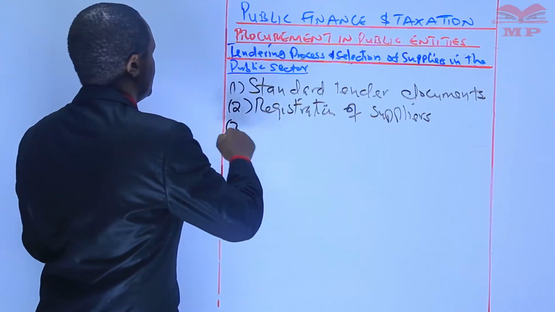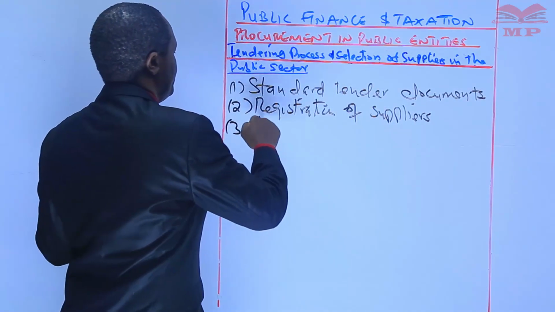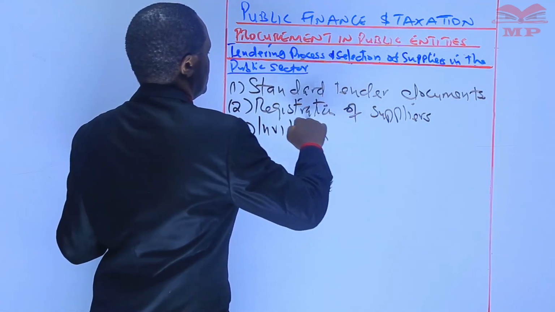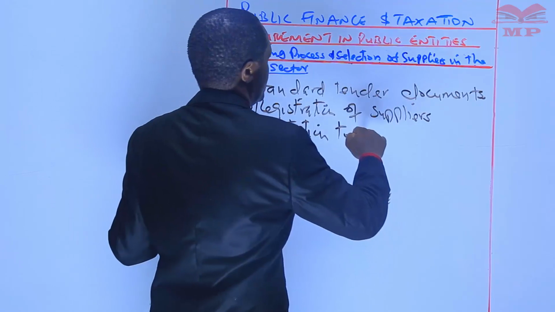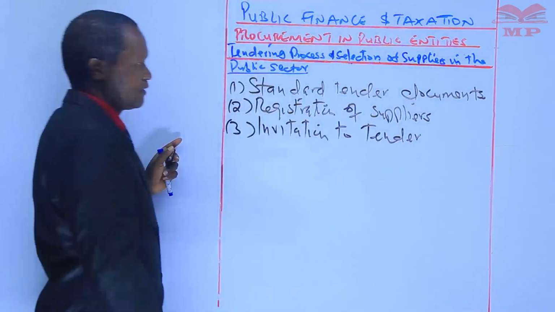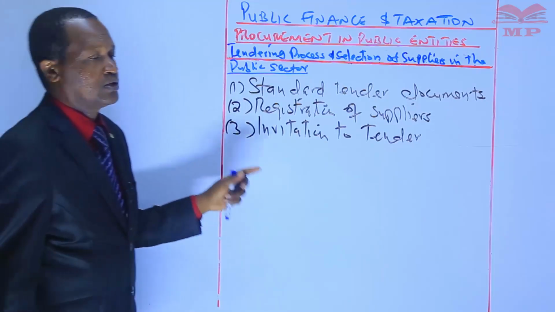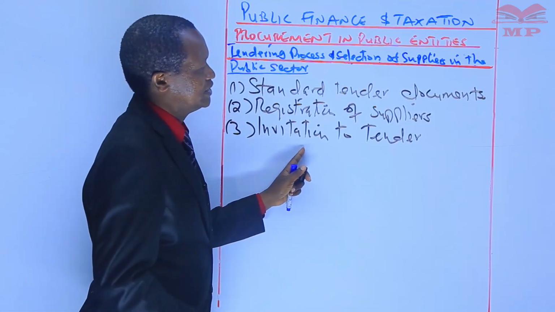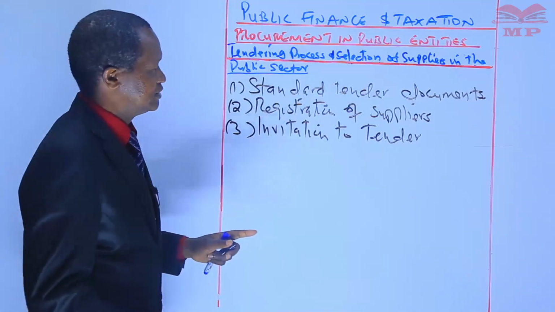Then number 3 is invitation to tender. We are going to learn what happens when inviting tenders.